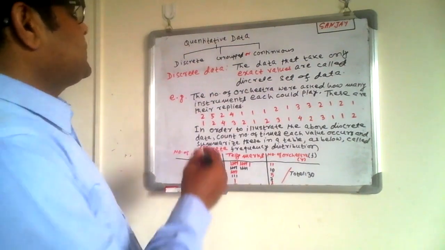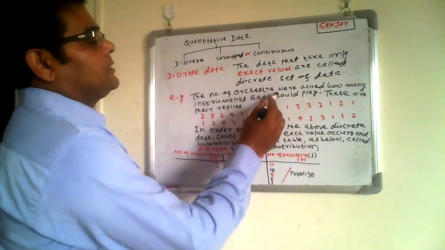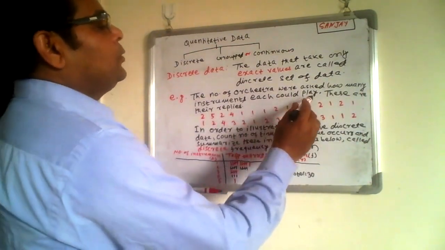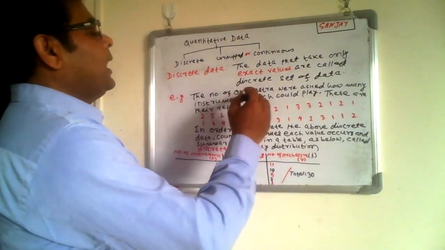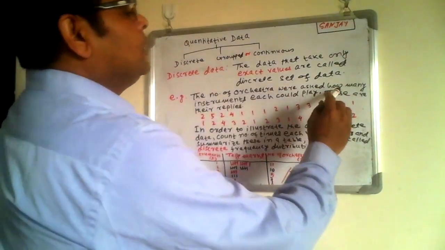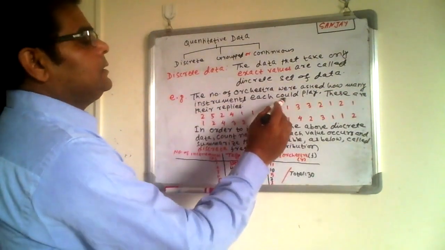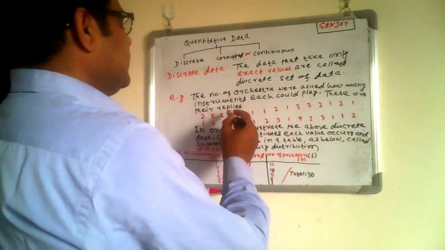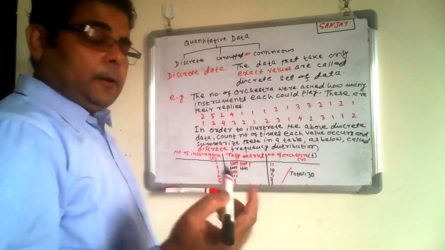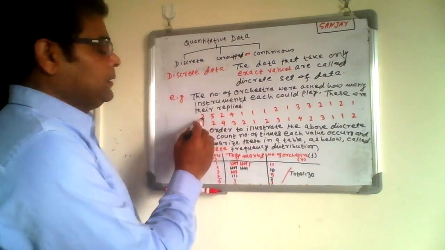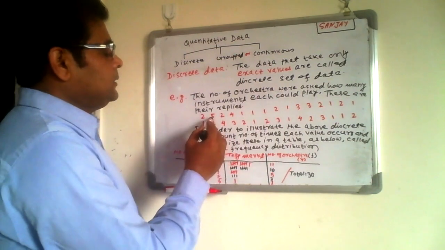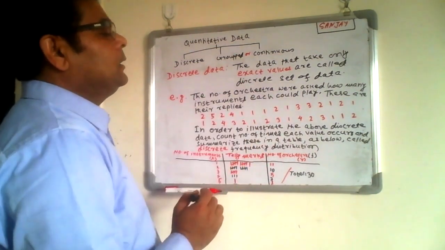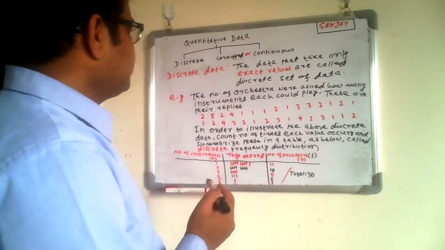In this case, you can see that a number of orchestras were asked how many instruments each could play, and these are their replies. Like one orchestra said they can play two, another orchestra said they can play five, and these are the values based on their replies.